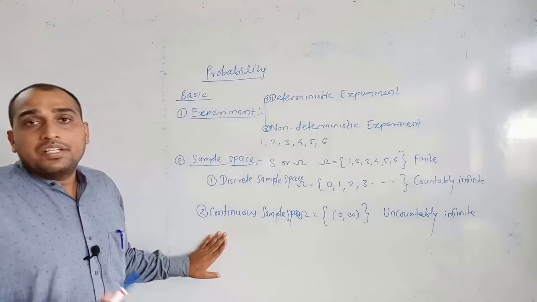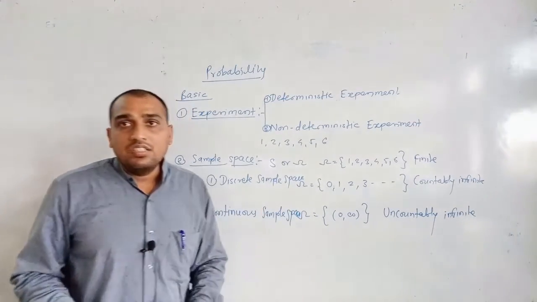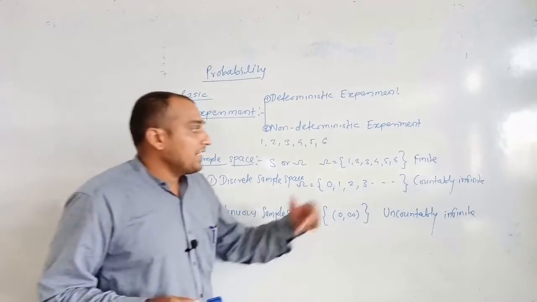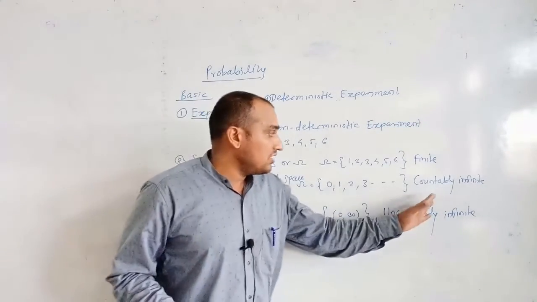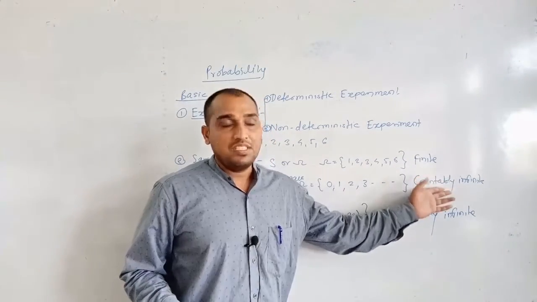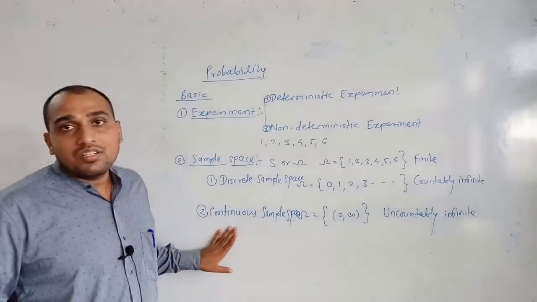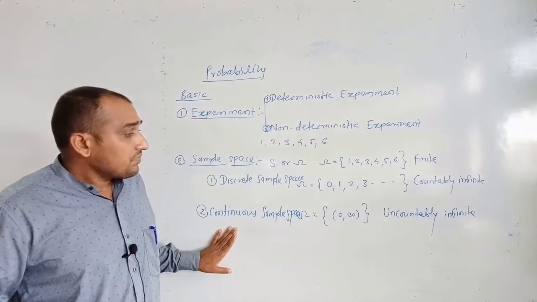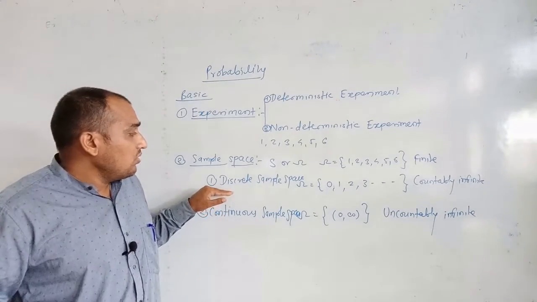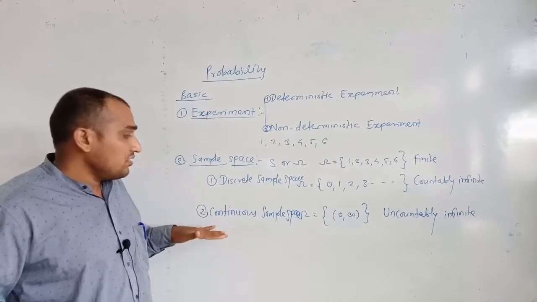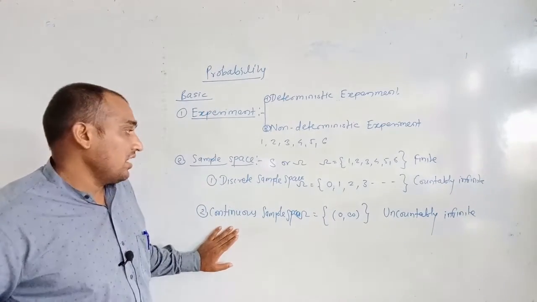If the number of elements in the sample space is finite, it is called a finite sample space. If the number of elements is countably infinite, it is called a countably infinite sample space. In paper 2 of F.Y.B.Sc we are going to study only discrete sample space, and continuous sample space we will see in the next year.